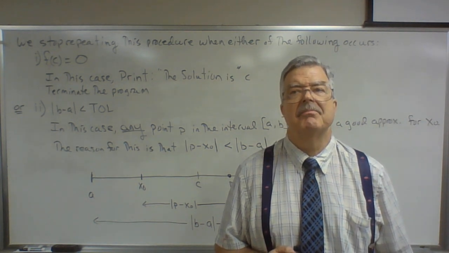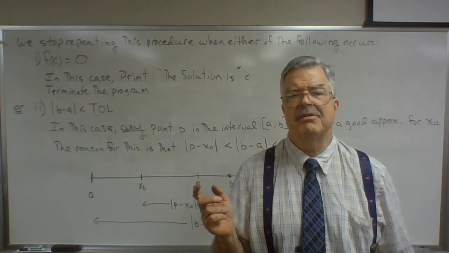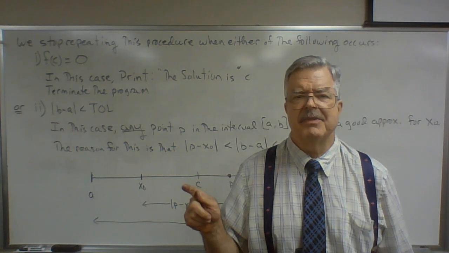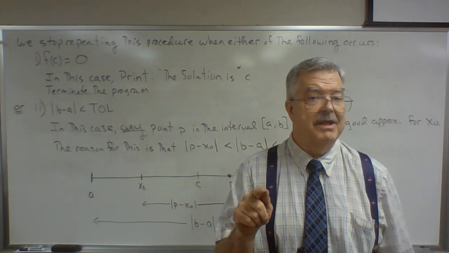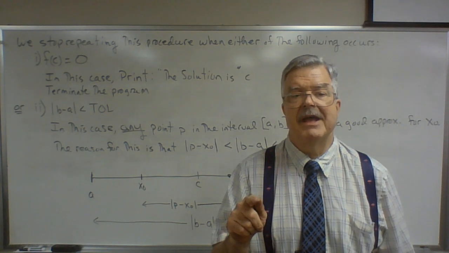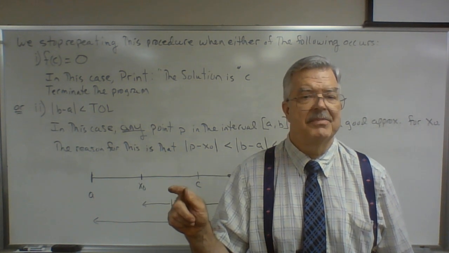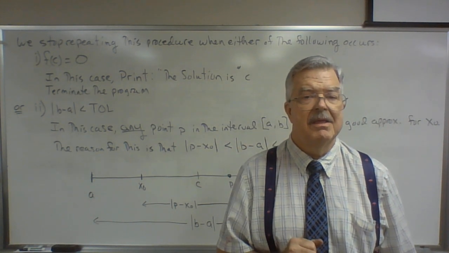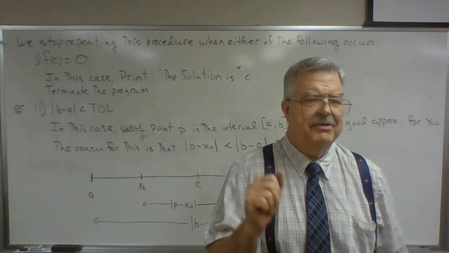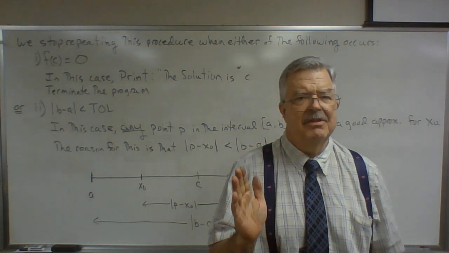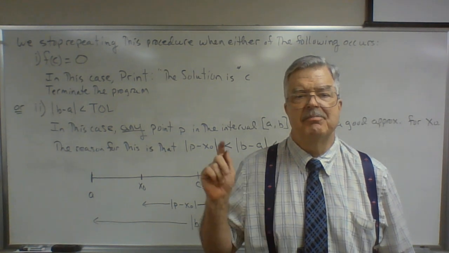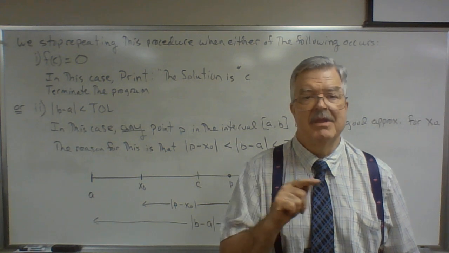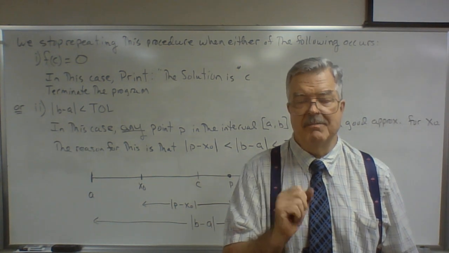Well, let's see. 2 to the 20th is 2 to the 10th times 2 to the 10th. And so that's 1024 times 1024. That's more than 1 million. So 1/2 to the 20th is less than 1/1,000,000th. It's 0.0000001. Five zeros and a 1.